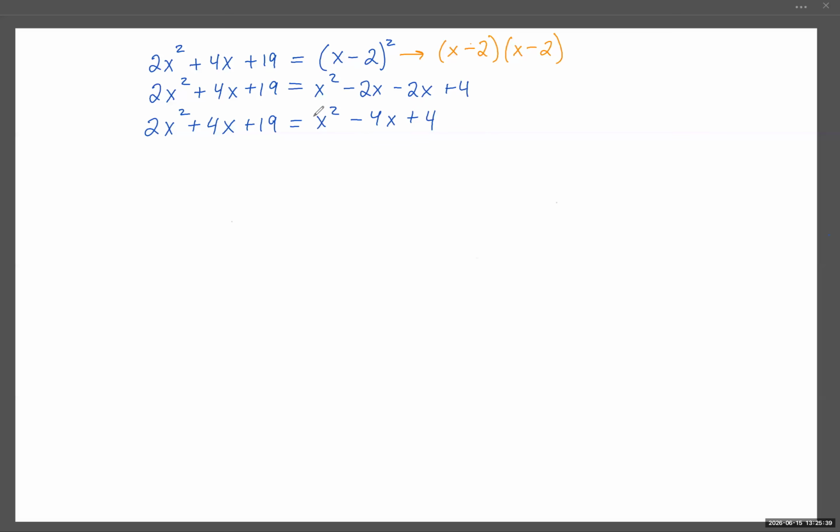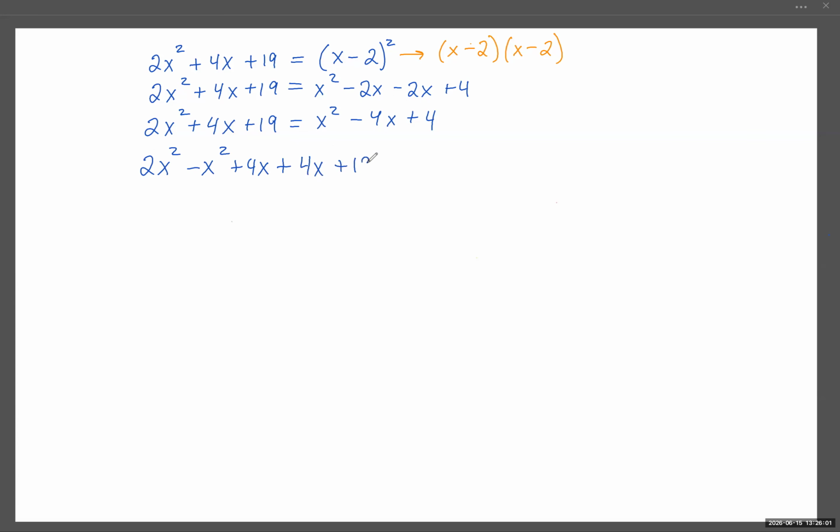Now I will put everything from the right-hand side over to the left-hand side. Remember to switch the signs. So 2x squared minus x squared, then plus 4x from this side. Then this negative 4x is going to come to the left-hand side and become positive.